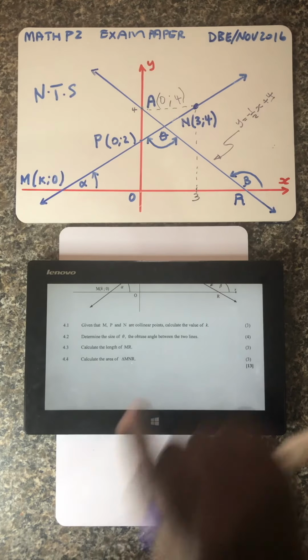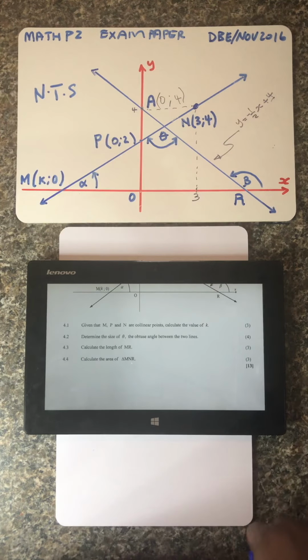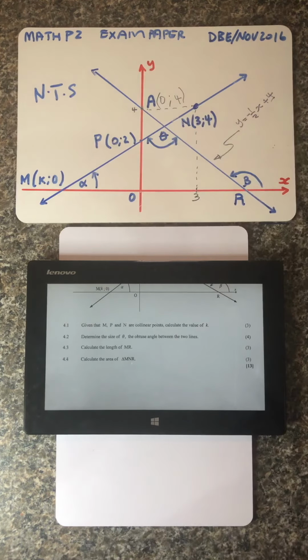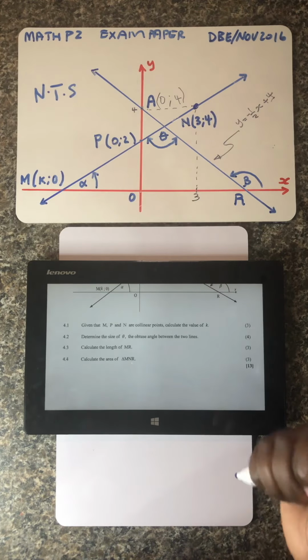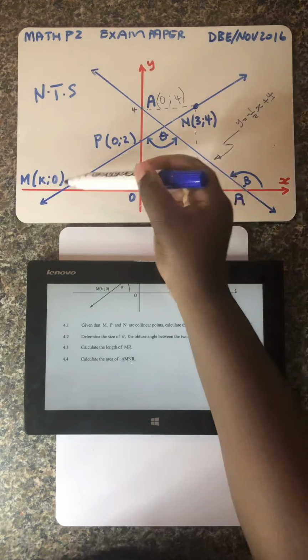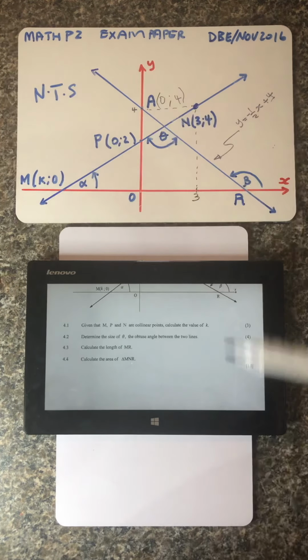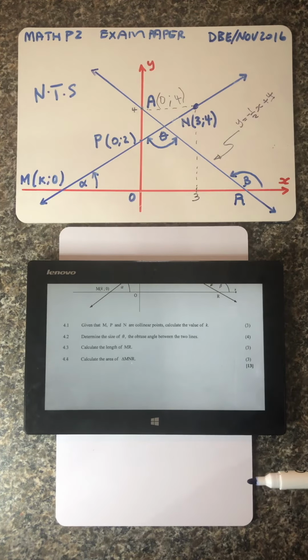Okay, so if you connect those points, they form a straight line. M, which is that point, P, which is that point, and N are collinear points. Now they want you to calculate the value of K. So this should be one of those simple questions where you just easily obtain full marks.